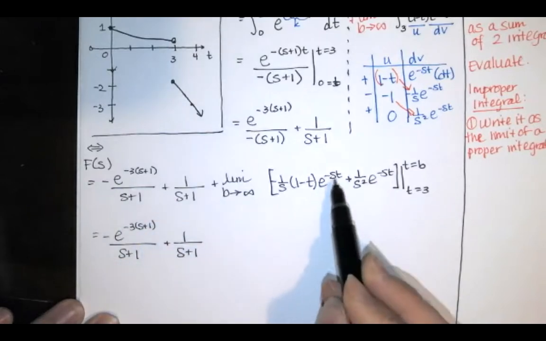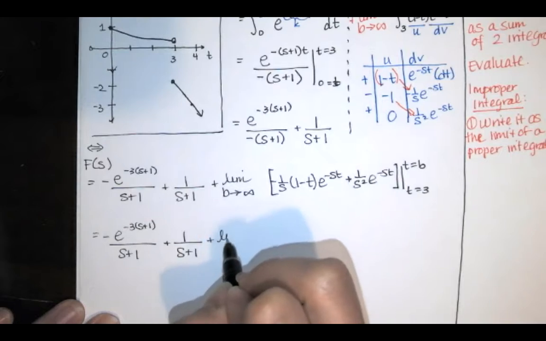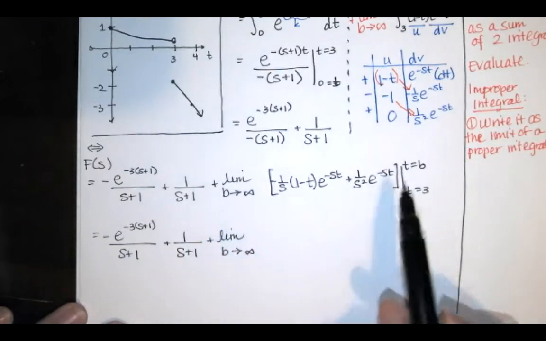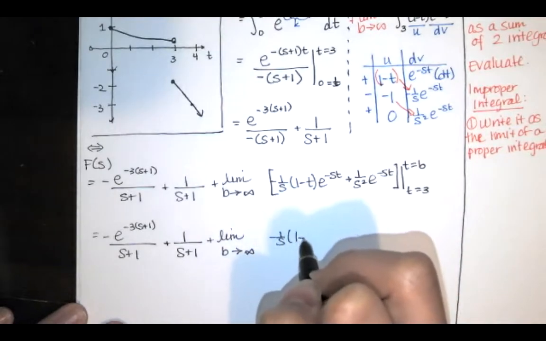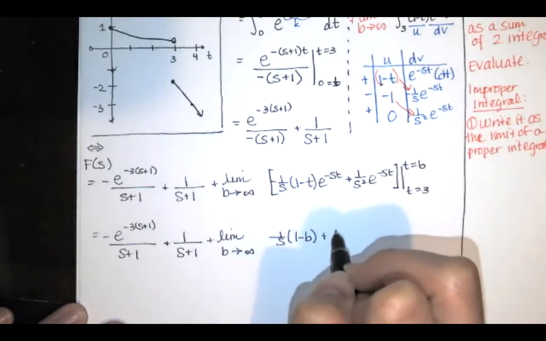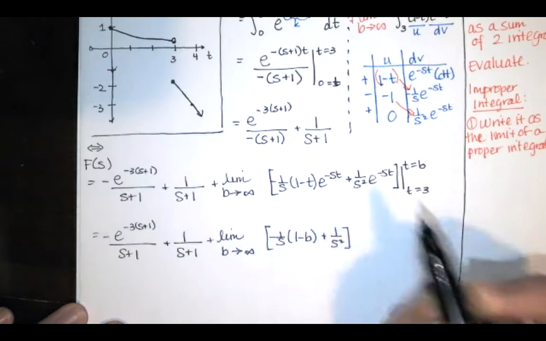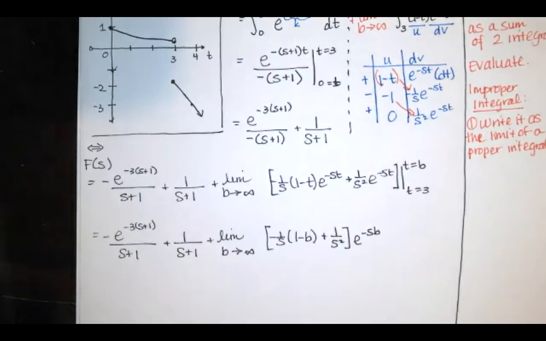And I see that I've got an exponential in common here and here, so I will factor that out as well when I evaluate at b. So when I substitute in t equals b, I'll have negative 1 over s times 1 minus b, factoring out the exponential, plus 1 over s squared. All of that is times e to the negative s times b, because we're replacing t with b.